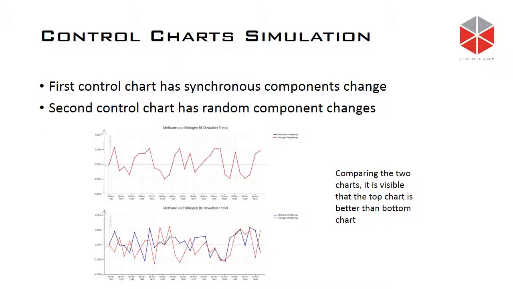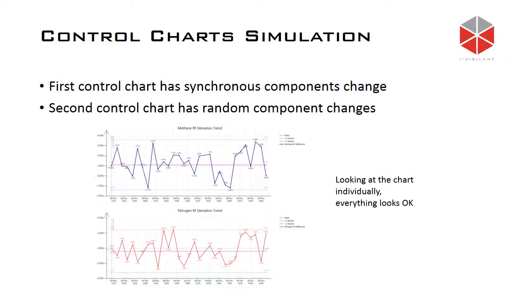In the first trend, we see a synchronous change in methane and nitrogen, varying in exactly the same synchronous manner, while in the second chart, methane and nitrogen vary in a very random manner. If we look at this individually, both of them have a 3% standard deviation, which is okay. So from here alone, we see that the GC is working properly.